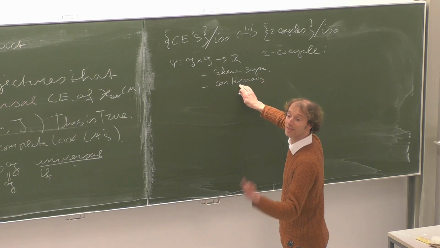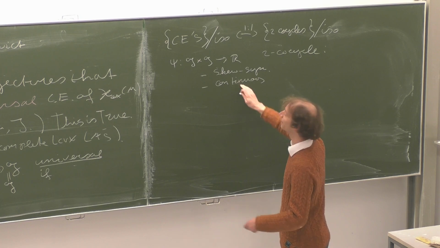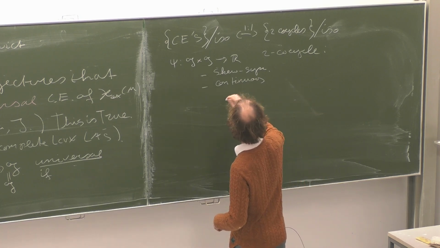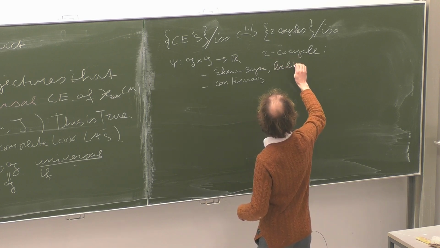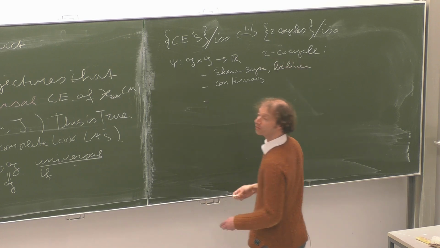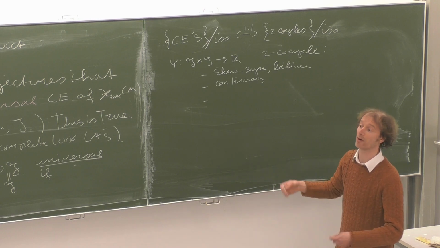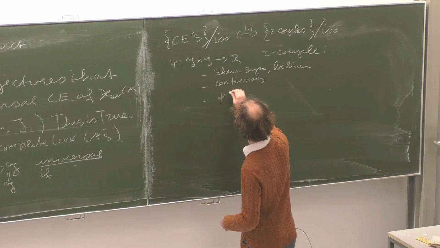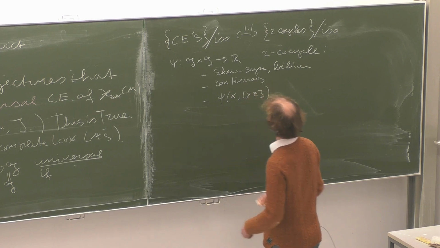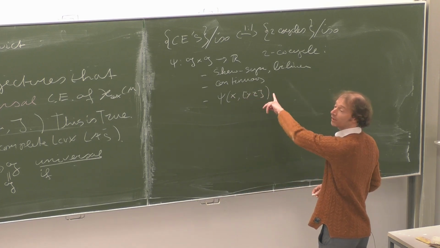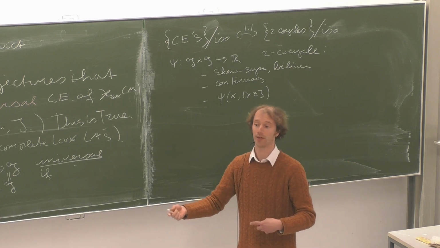Continuous because we want continuous central extensions, right? The important thing is that it satisfies some coboundary condition: take psi of x, commutator of y and z, and you cycle through, then you get 0.